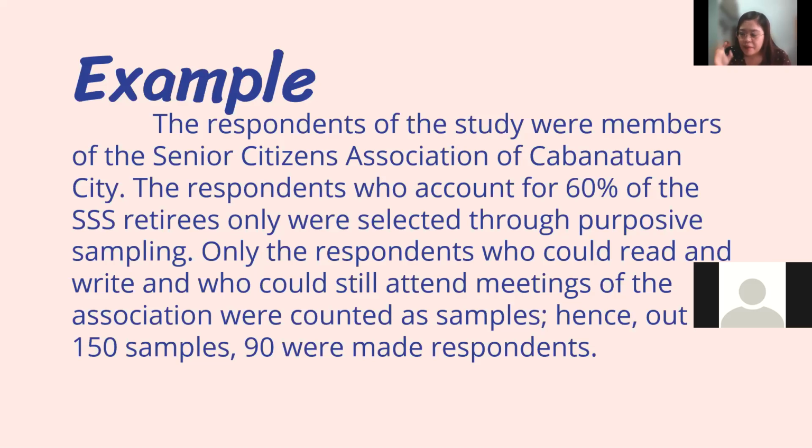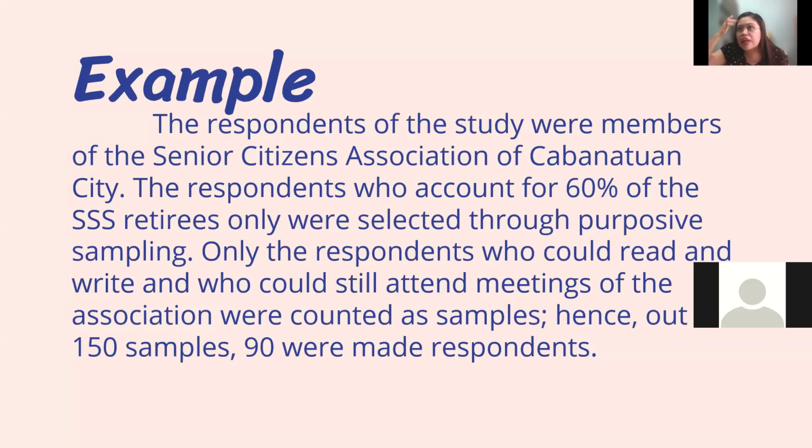Okay? If you mention what you want, for example, your respondents will be residents of General Santos City, but you want only Generation X residents, that automatically becomes a purposive sampling. It will no longer be a random sampling because you already mentioned the specific part of the population that you need.